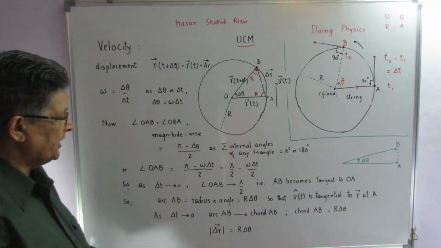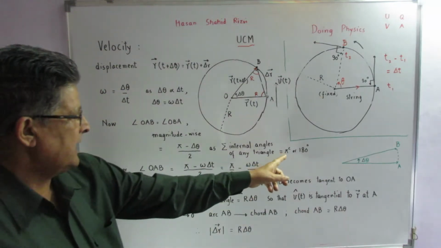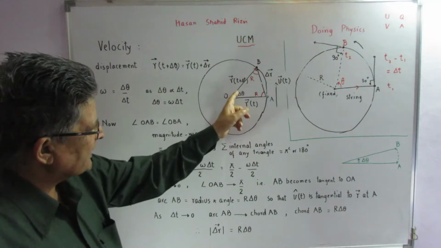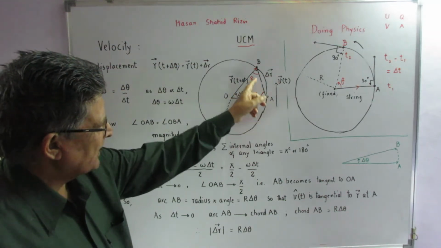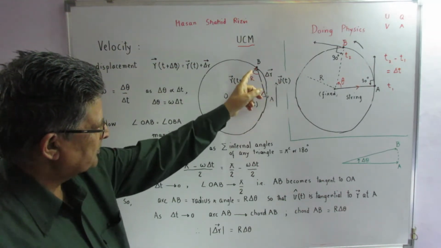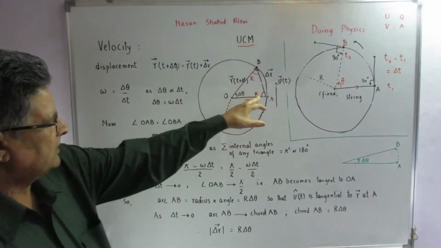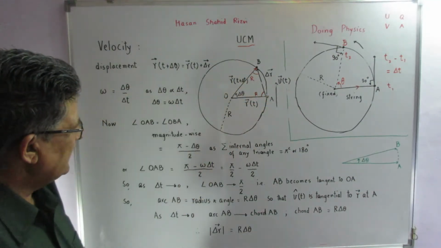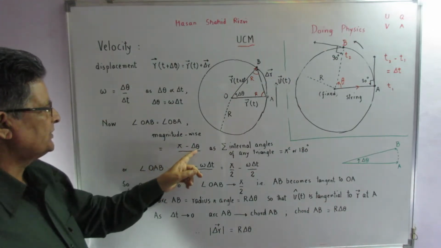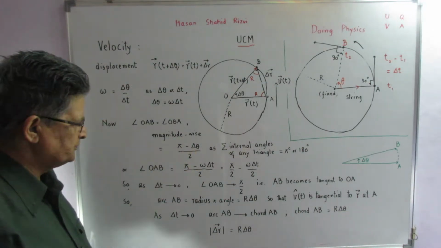This plus this plus this is equal to pi, and therefore this angle becomes equal to pi minus delta theta divided by 2.